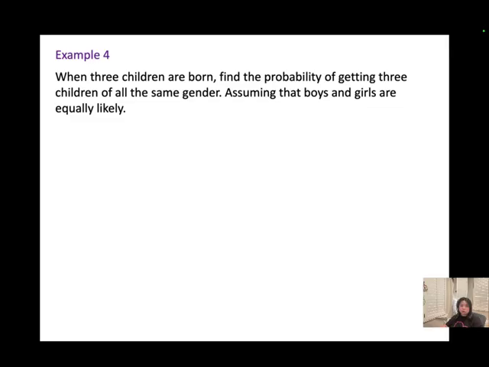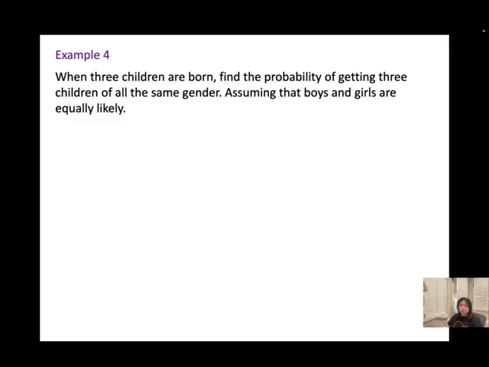Example 4. When 3 children are born, find the probability of getting 3 children of all the same gender. Assume that boys and girls are equally likely. So first, I want you guys to try to write out the sample space. When you have 3 children, what is the sample space? I will use B to stand for the boys, G to stand for the girls.